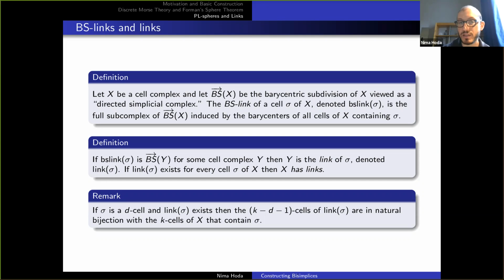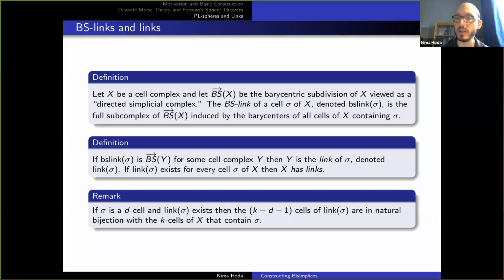So if sigma is a D cell in a complex that has links, then the K minus D minus 1 cells of the link of sigma are in one-to-one correspondence with the K cells of X that contain sigma.